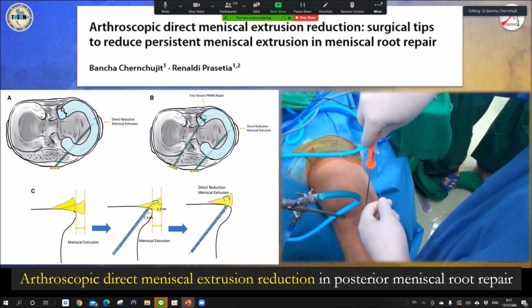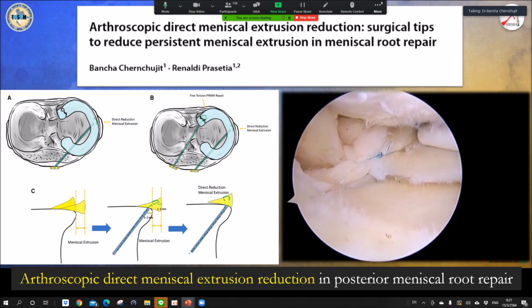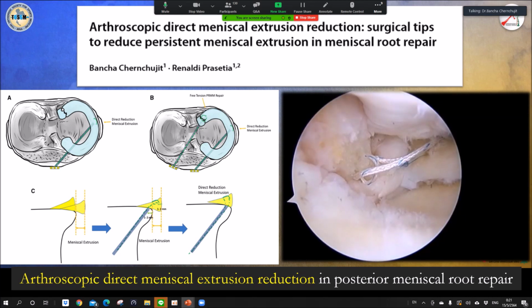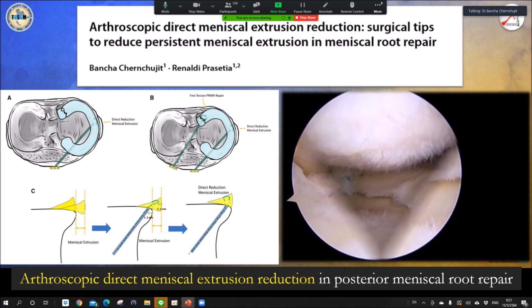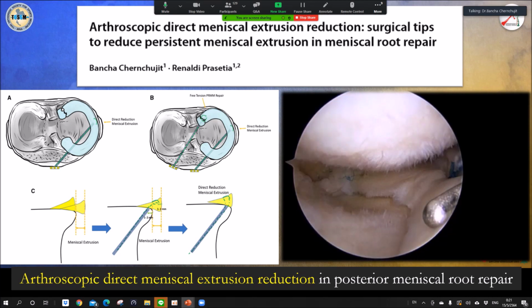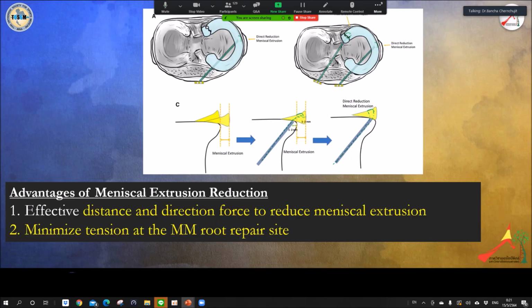You see that after we do that, we can repair the meniscus back. Okay, this is another way I repair the meniscus to the PCL, okay, in some situations, right? So after the extrusion reduction and repair, the benefit is that it can reduce the tension at the repair site.